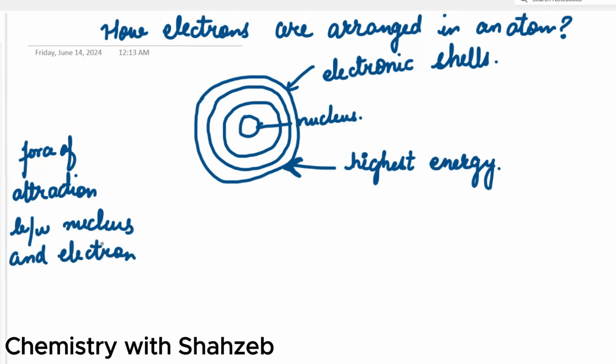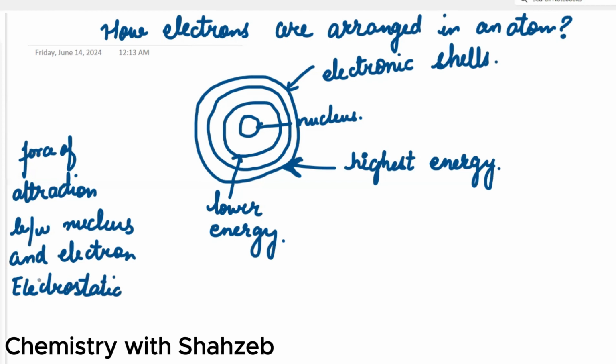The one which is present near to the nucleus would be having lower energy. Why lower energy? Because they would be having more force of attraction between nucleus and electron, and that force of attraction is basically called electrostatic force of attraction.